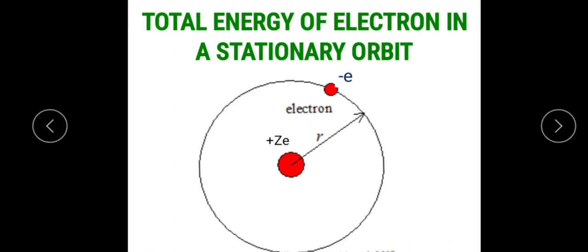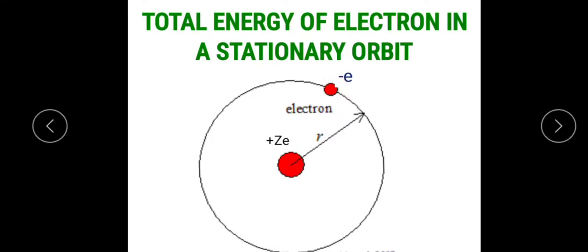Like that, here this electron is present inside the electric field of the nucleus. Nucleus means it is a positively charged body. So the electron present inside the electric field experiences a force, so definitely there should be a potential energy.